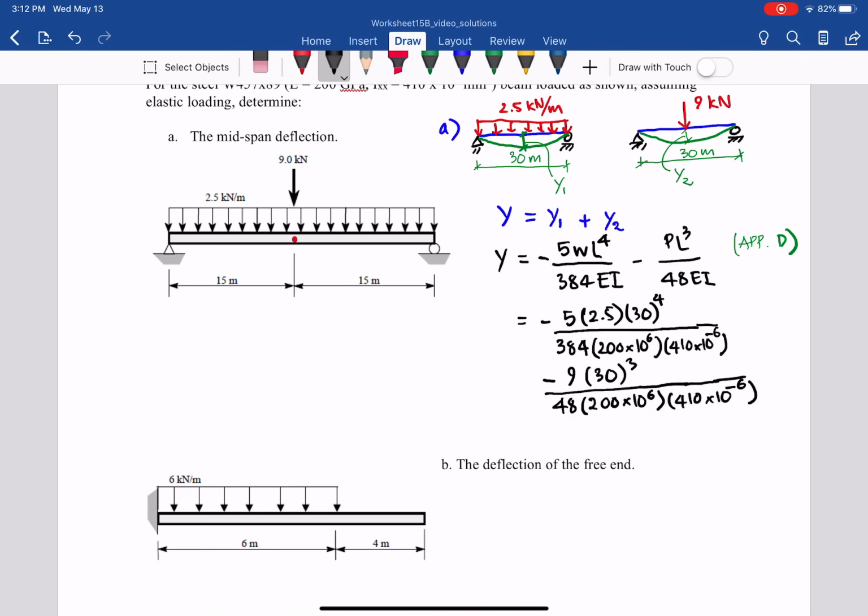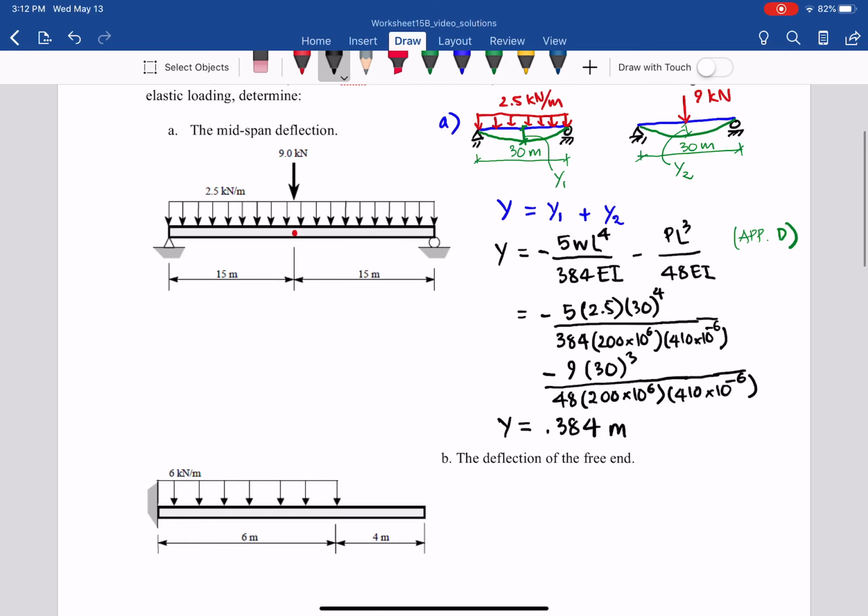So from that we have y equal to 0.384 meter, and that is the answer going down, right?